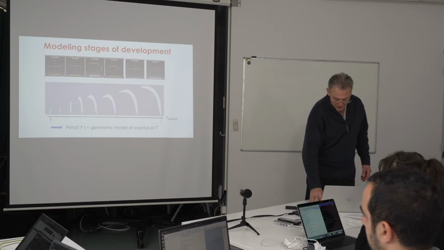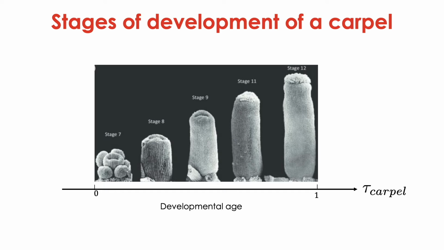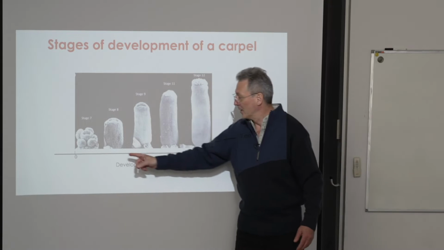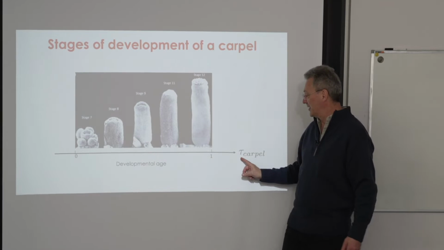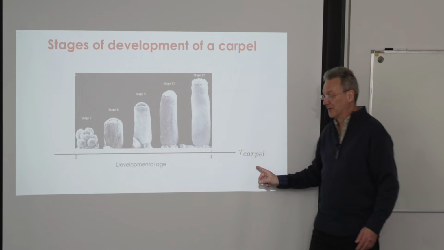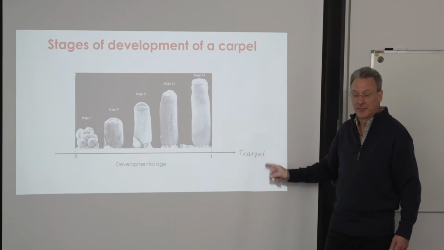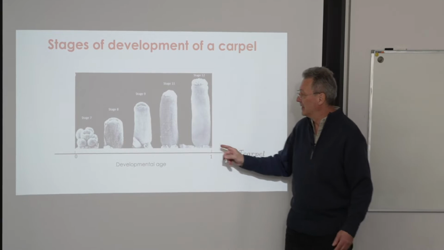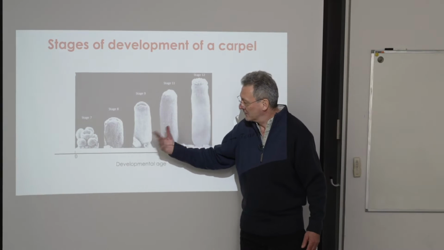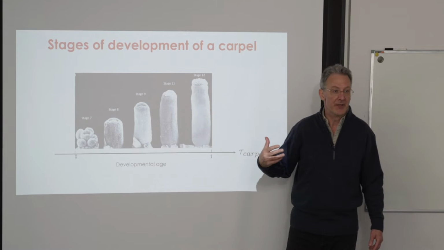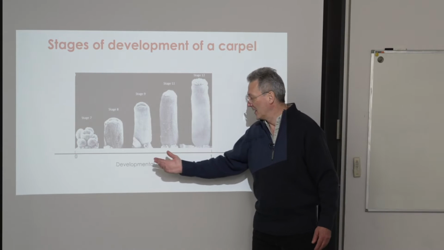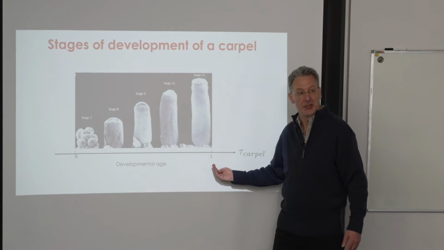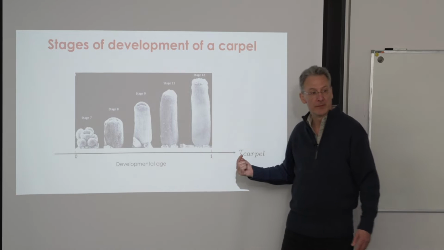Now I would like to do this for many organs and to have similar models for many organs, and then I would end up with a time which here would be tau subcarpel, that would correspond to a model of carpel development with an abstract developmental age between 0 and 1.